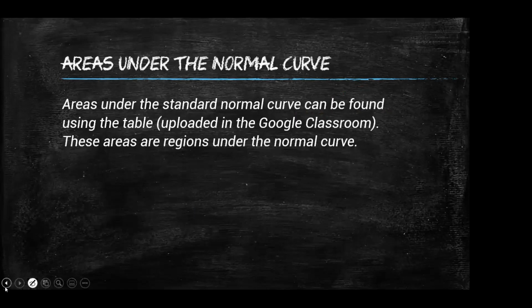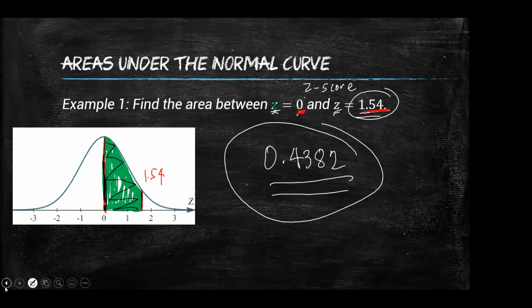So, i-run through ko lang yung ginawa sa errors under the normal curve. Okay, kapag in between 0 and a certain z-score, ayan po, the area is, ayan, yun na agad. I-review muna natin.